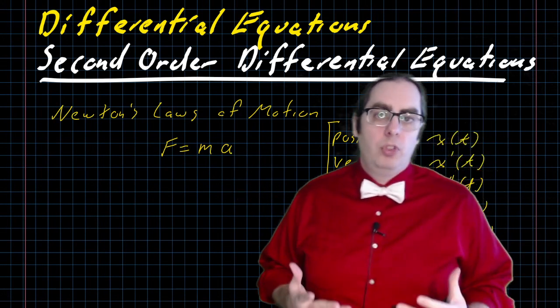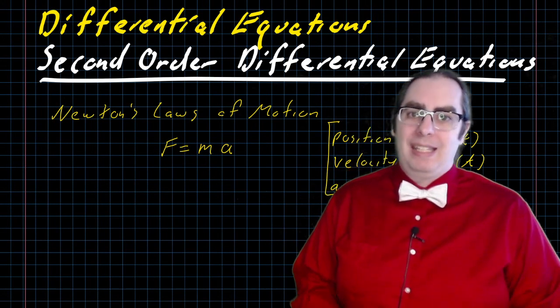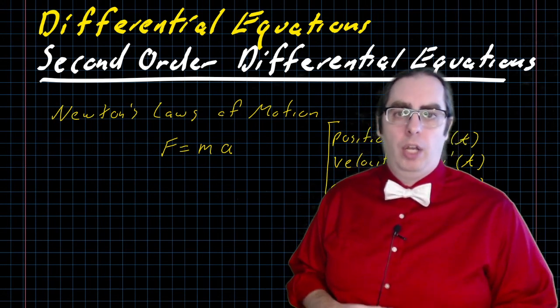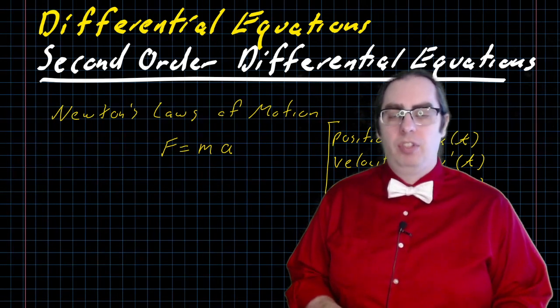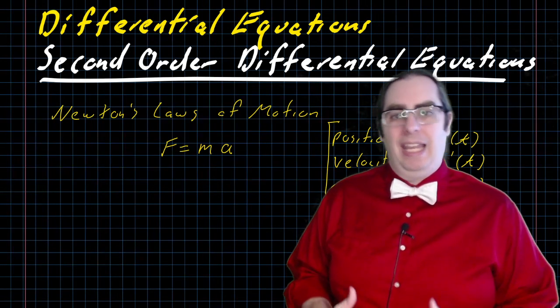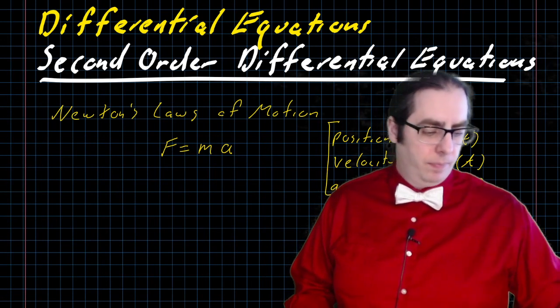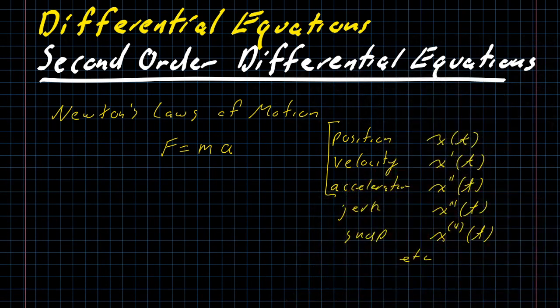So the forces acting on an object can depend on the position of the object, they can depend on the velocity of the object, and they can depend on time. All right, so force is a function of position and velocity and time.